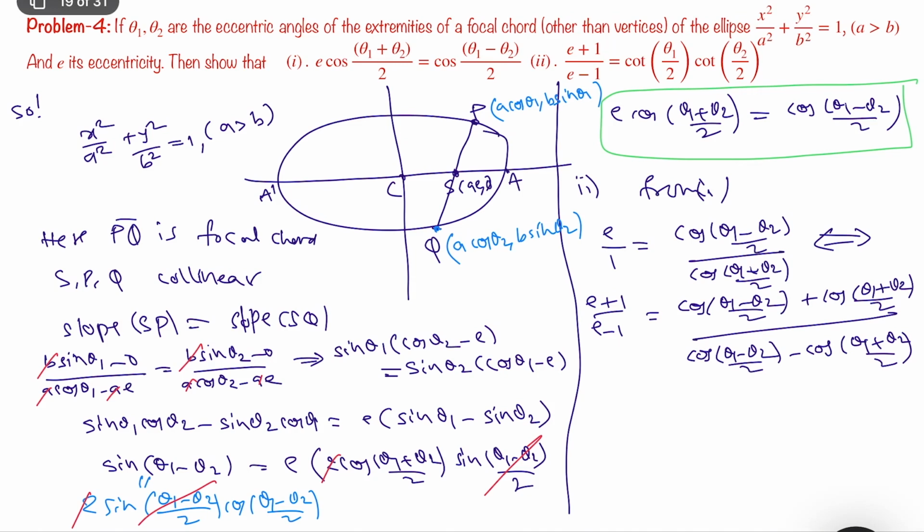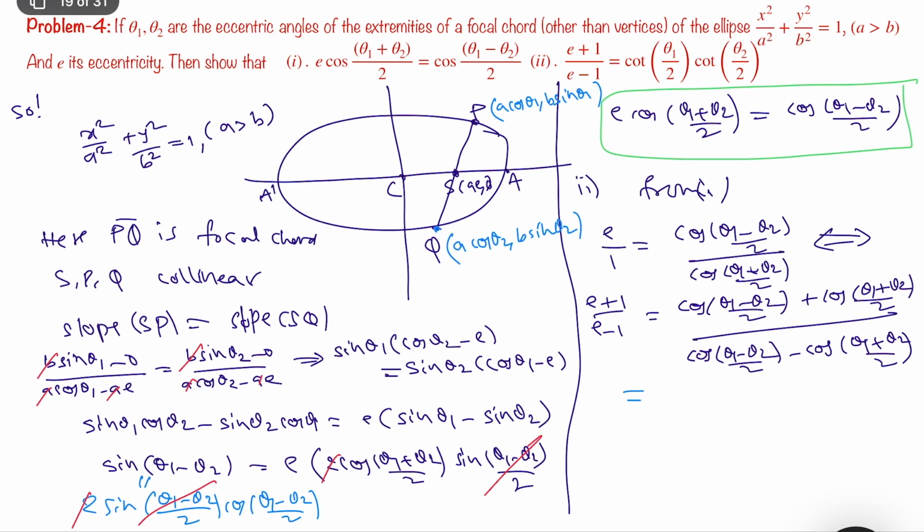Cos C plus cos D is what? 2 cos of (C plus D) by 2 times cos of (C minus D) by 2, and cos C minus cos D is 2 sin of (C plus D) by 2 times sin of (D minus C) by 2. Here our C is going to be (theta 1 minus theta 2) by 2, and D is going to be (theta 1 plus theta 2) by 2.